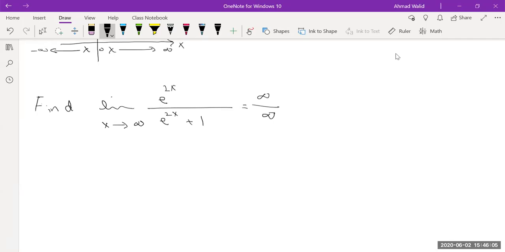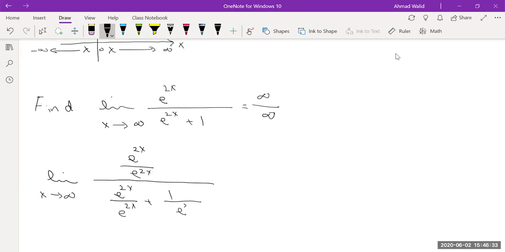But right now, let's divide the top and bottom by the highest exponent of e, which is e to the 2x, correct? Then you can write limit as x approaching infinity, e to the power of 2x divided by e to the power of 2x over e to the power of 2x divided by e to the power of 2x plus 1 over e to the power of 2x.